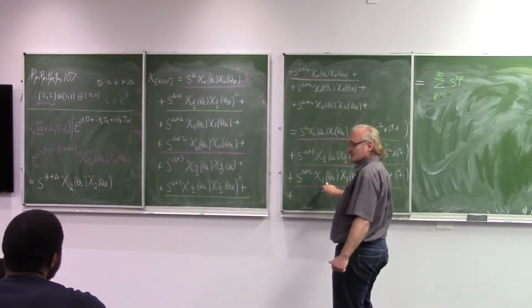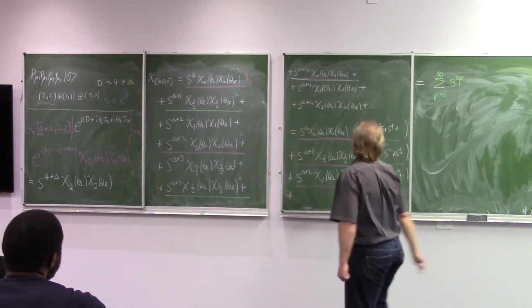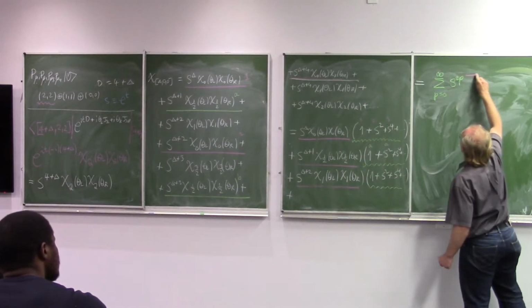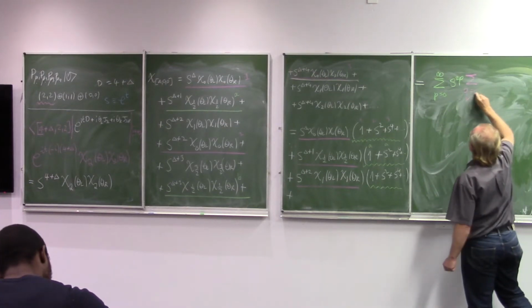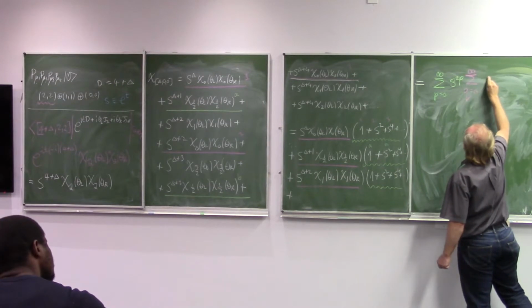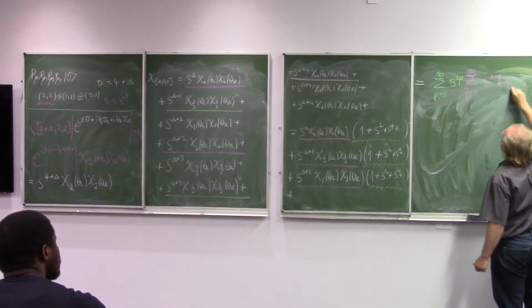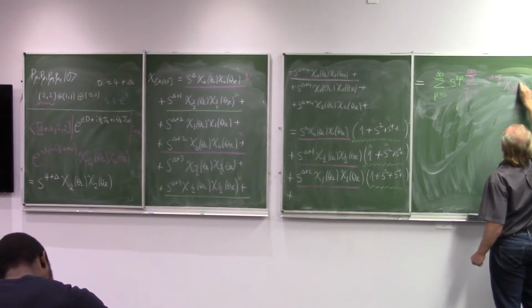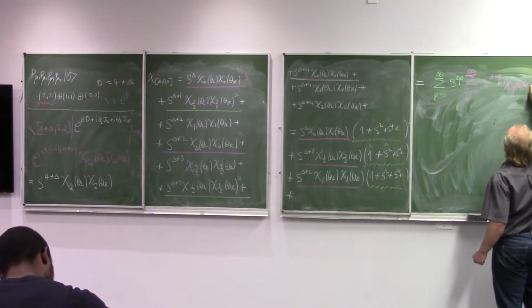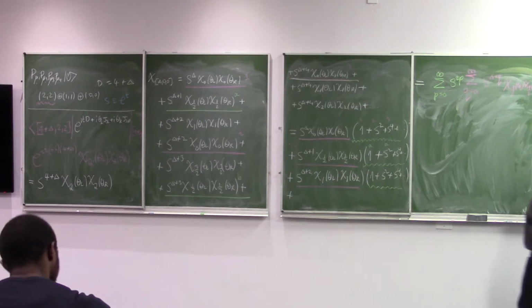So the spin is always 1/2 of what I've added to s. So I can say the sum from q, we start from 0 to infinity, s to the delta plus q, chi q over 2 theta left, chi q over 2 theta right.